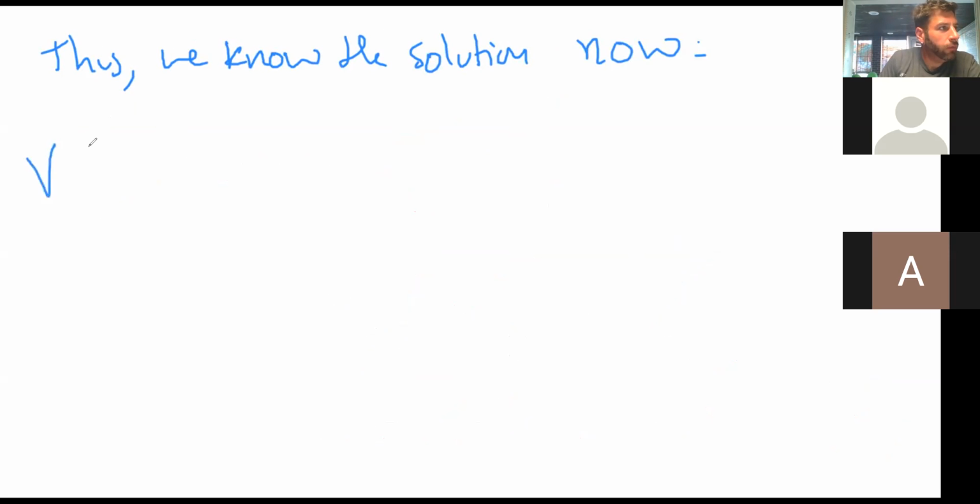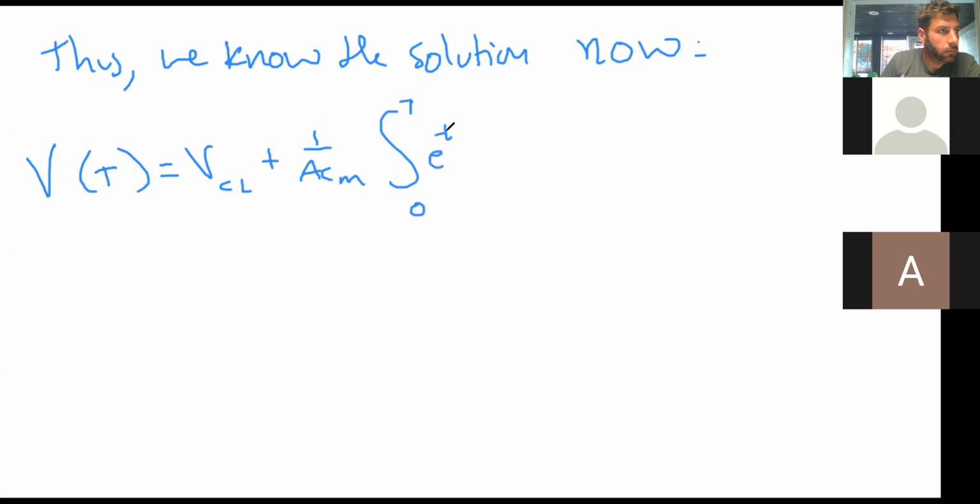Well, we know our function V of capital T is V sub CL, plus this 1 over a c sub m, and then it was this integral. And what is this equal to?